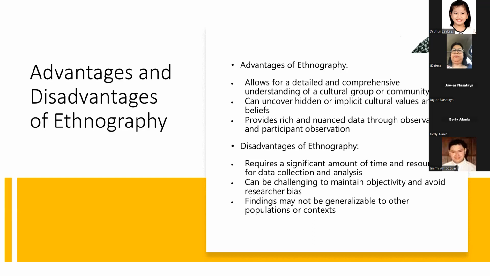You can uncover hidden or implicit cultural values and beliefs. For example, one paper that I've read on ethno is about the culture of these African aborigines. After the marriage, the first night, they have to use a white linen to prove that the female was clean.